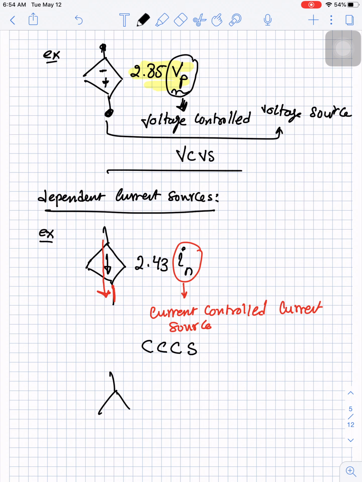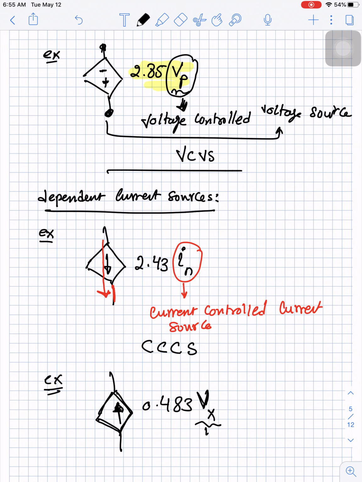Or you can be given a current source again, and say this value is 0.483, any number, Vx, any voltage, and Vx will be given or defined in your circuit. So what we have here is a current source, and this current source is dependent, and it depends on a voltage.